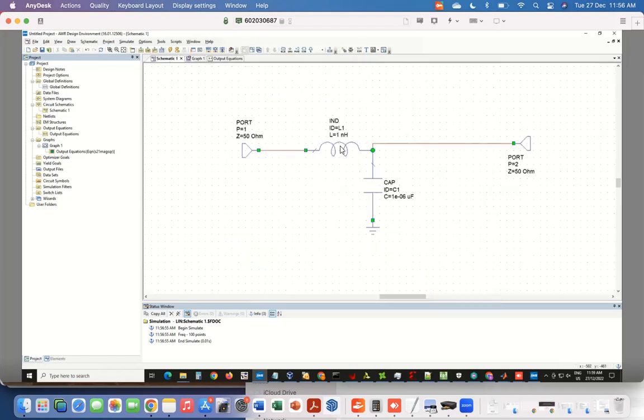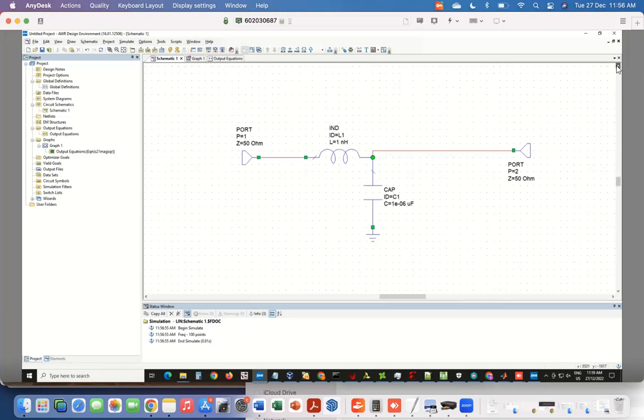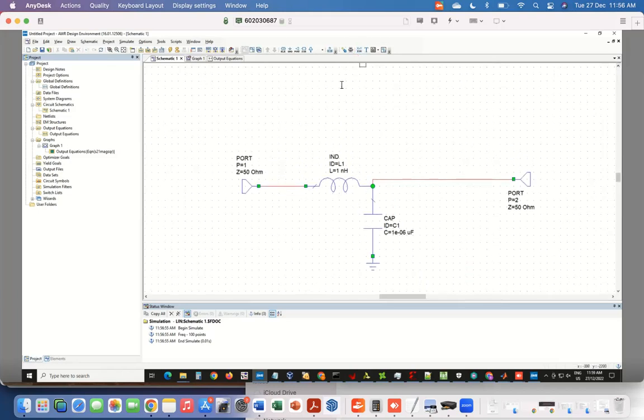Okay, so I'm going to redefine these L's and C's in terms of omega naught and Z naught. I'm going to define F naught, in gigahertz, as 6. Then I'll define omega naught as 2 pi into F naught into 1E9.